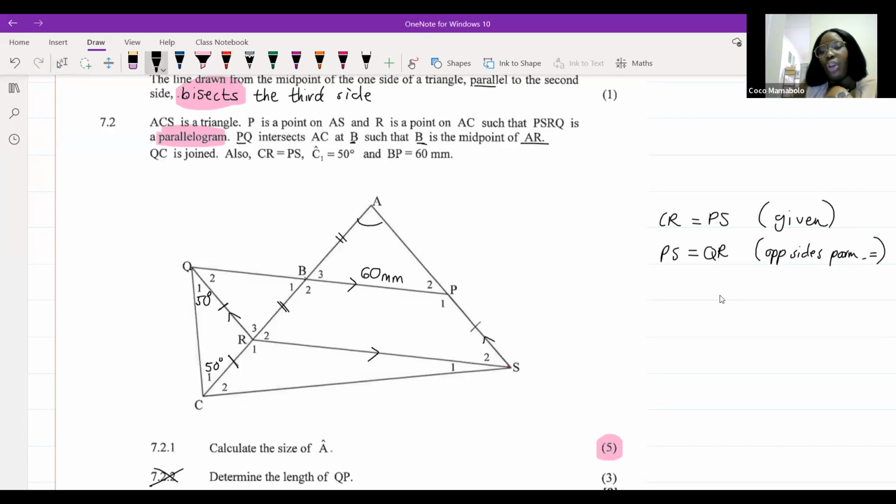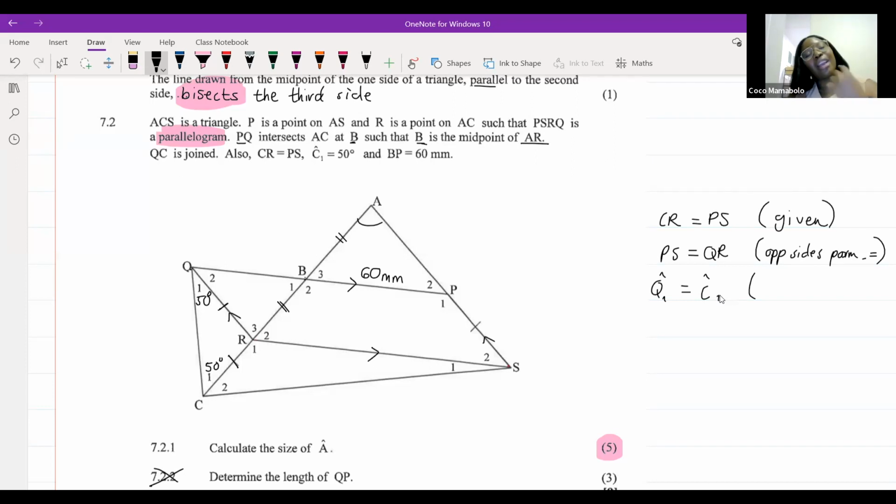Now we know that Q1 is therefore equal to C1. What's our reason here? It has something to do with an isosceles triangle, but we can't just say isosceles triangle.